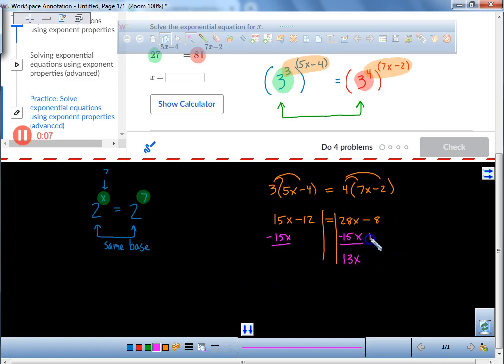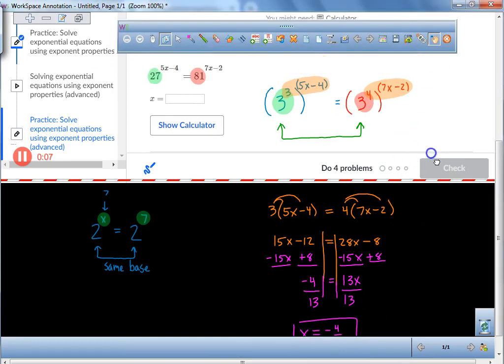And then I will add an 8, and I will add an 8, and that gets me a negative 4. Whew. This is an ugly looking fraction. And then what are we going to divide both sides by? 13. Wow. So x, after all of that, x is equal to what? Negative 4 over 13 in order for these to be equivalent.